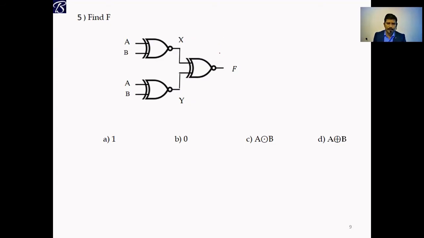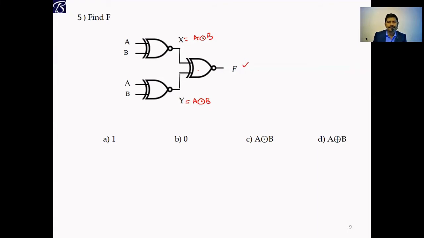Let us try to solve this problem. We need to find out f. So what is x here? X equals A XNOR B. Here what is y? This is also an XNOR gate, A XNOR B. So coming to this, this is also an XNOR operation.